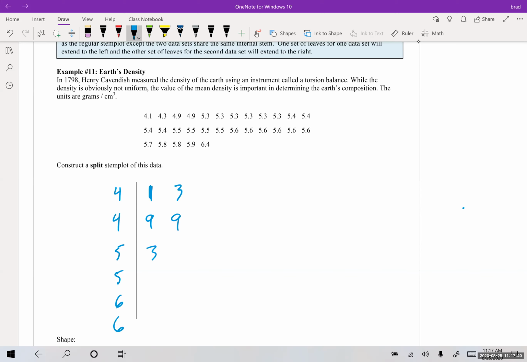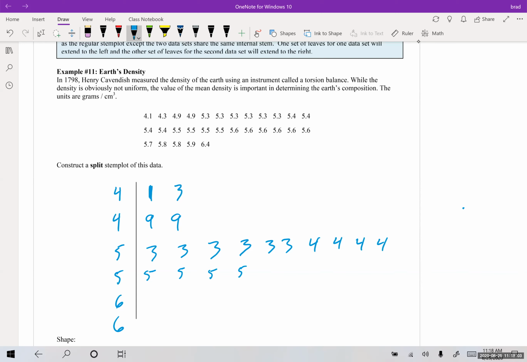For 5.3, 5.3, 5.3, 5.3, how many are there? 1, 2, 3, 4, 5, 6. And then 5.4 and 5.4 and 5.4 and 5.4. Then for 5.5, we have, let's see how many, 1, 2, 3, 4.